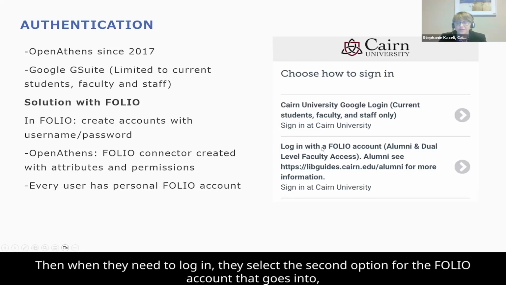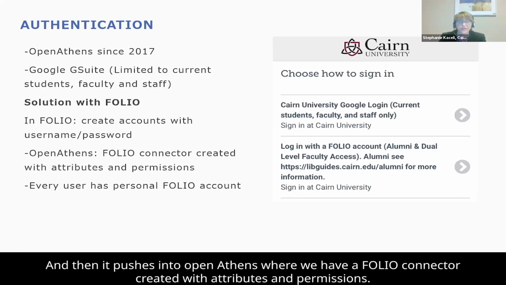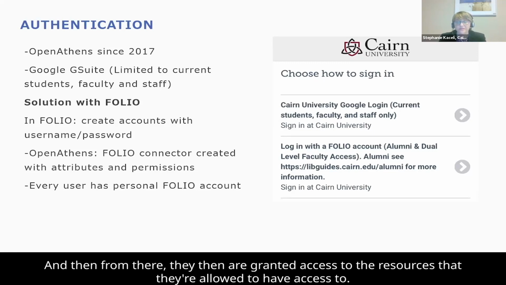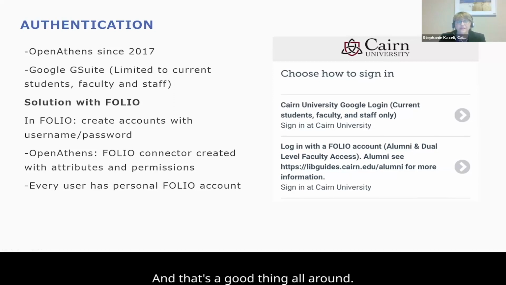Then, when they need to log in, they select the second option for the Folio account. That gives a check saying, yes, they are actual Folio users. And then it pushes into Open Athens, where we have a Folio connector created with attributes and permissions. And then from there, they are granted access to the resources that they are allowed to have access to. And what's nice is every user now has a personal Folio account, and we don't have generic logins, and that's a good thing all around.